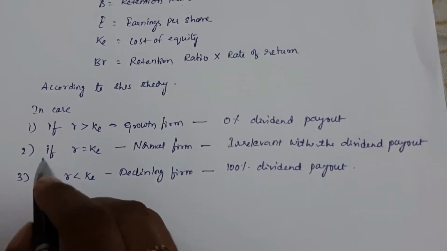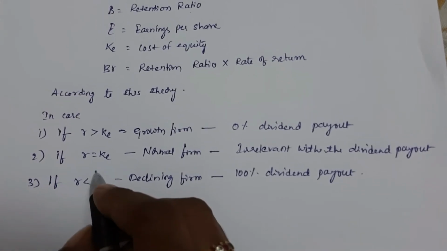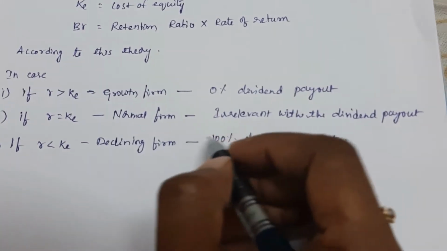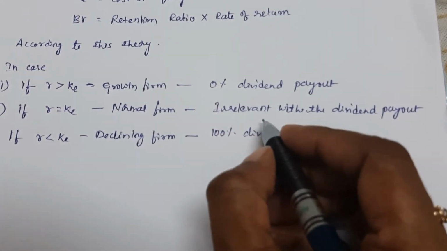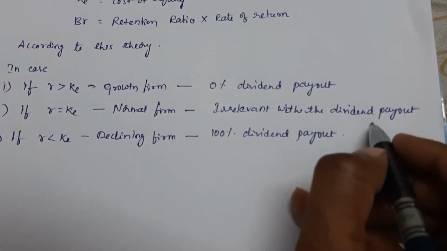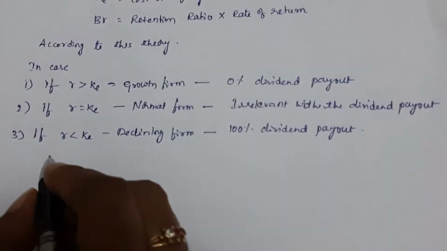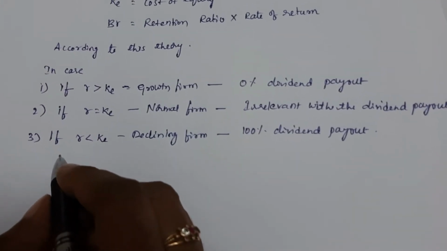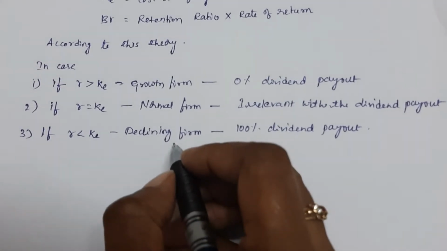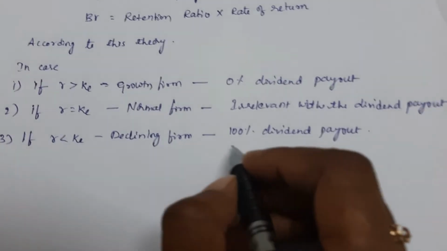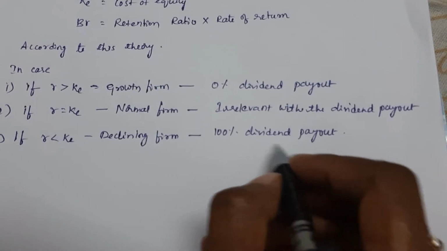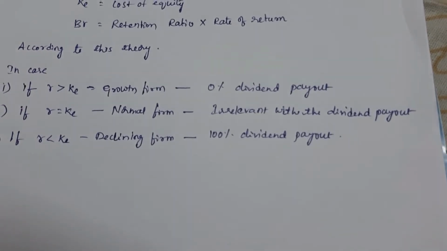Second, if R equals KE, the firm is termed a normal firm, and the market price of the share is irrelevant to the dividend payout. Third, if R is less than KE, the firm is considered a declining firm, and it is better to go for 100% dividend payout.